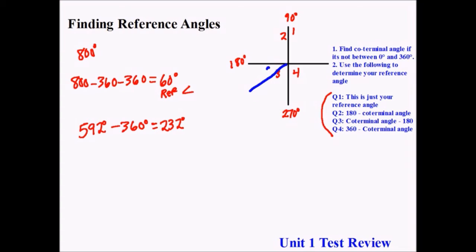So that means that we want to find this reference angle right here. In order to do that, since we're in quadrant 3, we have to take our coterminal angle and subtract 180. So 232 minus 180 is equal to 52 degrees. And 52 degrees is your reference angle.